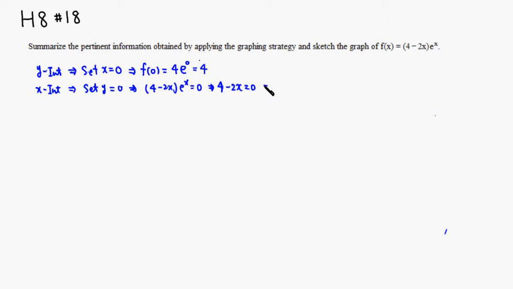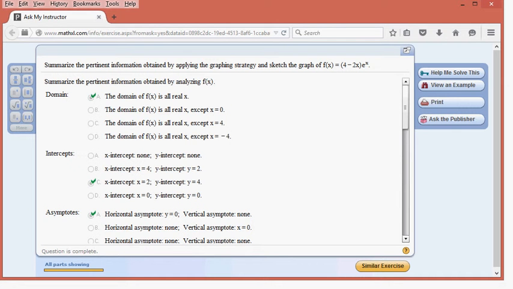So we add 2x to both sides, and you have 4 equals 2x. Then we divide through by 2 to isolate x. So the x-intercept is 2. Alright, so let's go back. The x-intercept is 2 and the y-intercept is 4. So the answer is C.